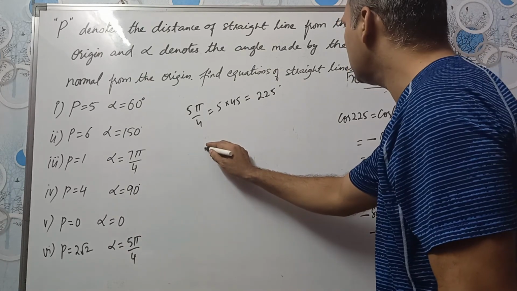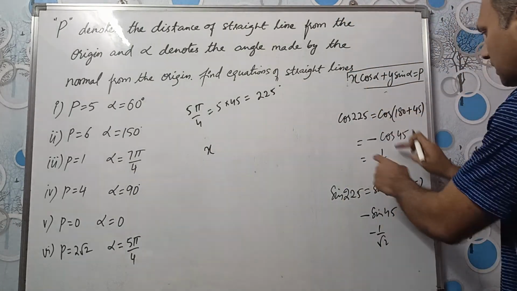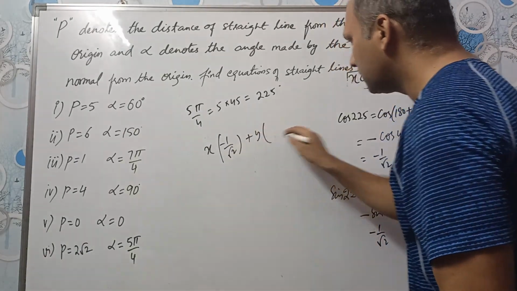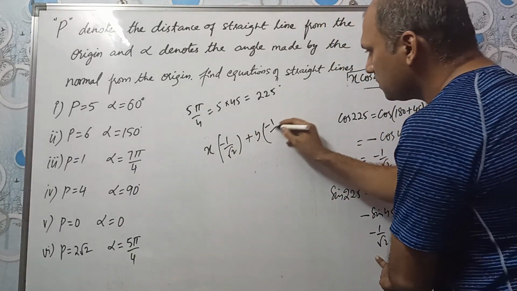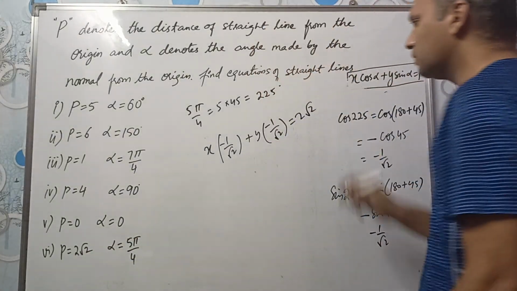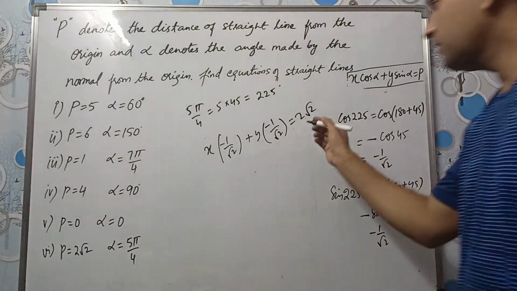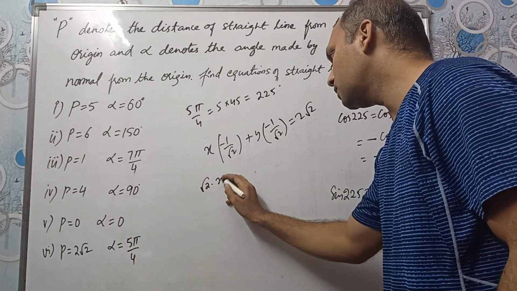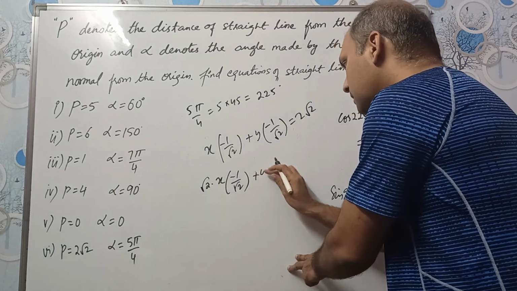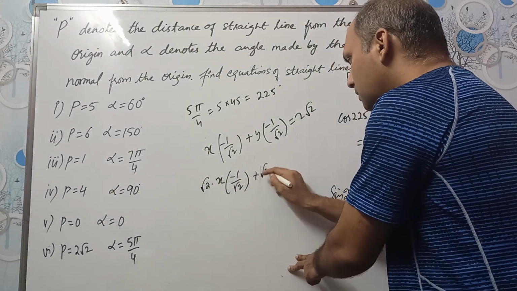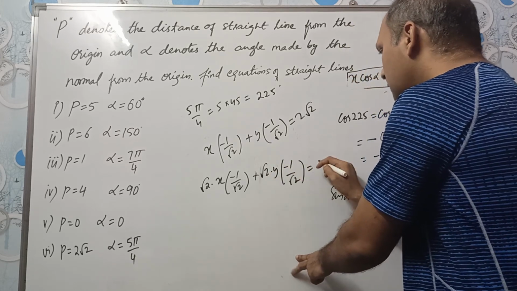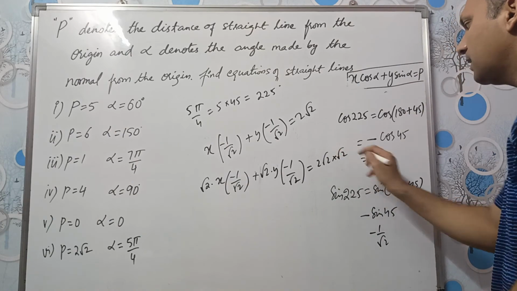So what do we have finally? x cos alpha, where cos alpha is minus 1 by root 2, plus y sin alpha, which is also minus 1 by root 2, is equal to 2 root 2. If we multiply both sides by root 2, so root 2 x times minus 1 by root 2 plus root 2 y times minus 1 by root 2 is equal to 2 root 2 multiplied by root 2.